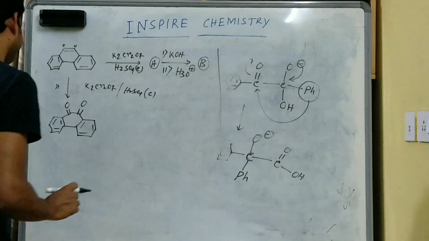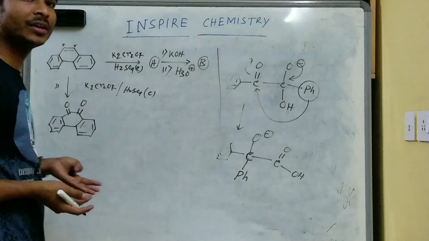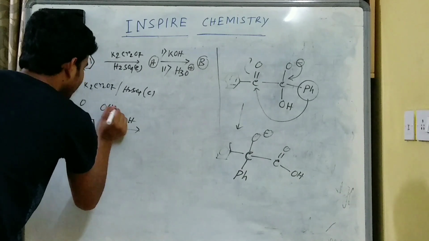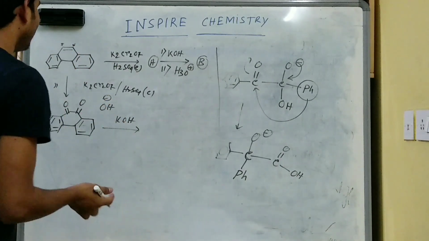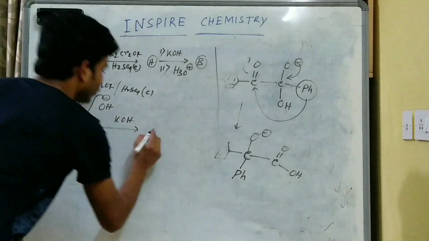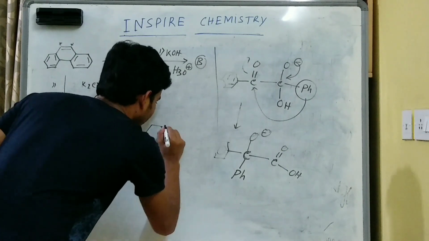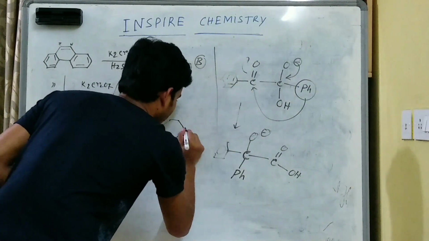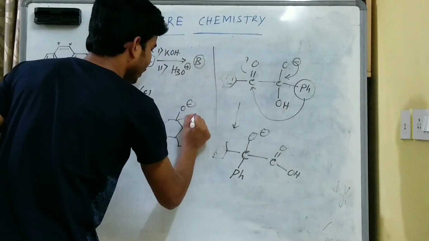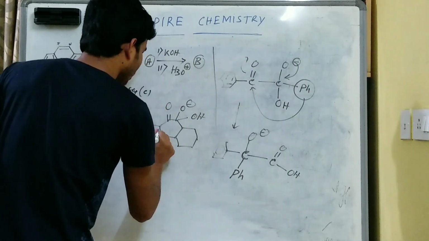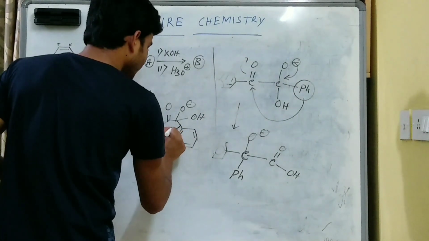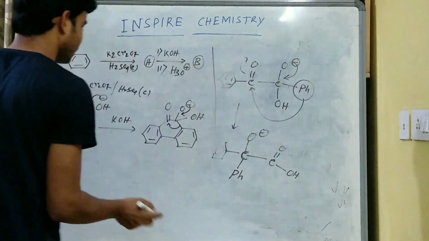After that, we see that a diketone is formed, and then we use KOH. These two carbonyl centers are the same, so any of them will be attacked by OH minus. I just write here this type of product, OH, and this will be the double bond O. These bonds migrate, and this is released to its position.